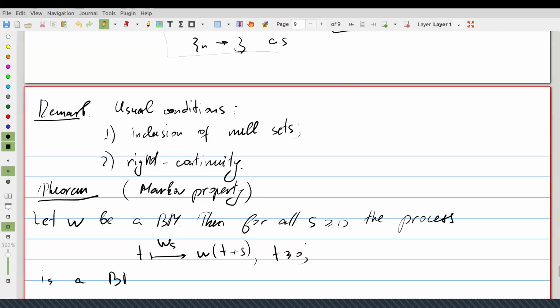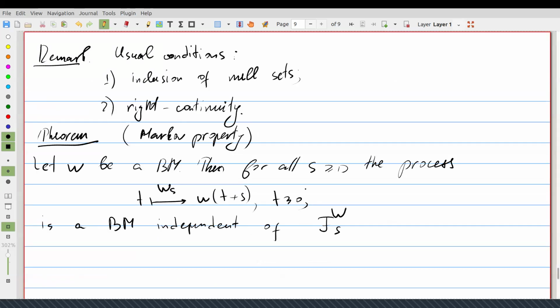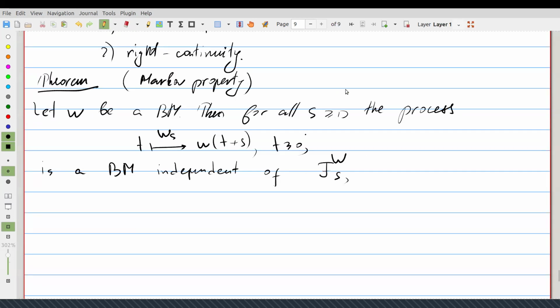Is a Brownian motion independent of the original filtration taken at s? And to answer this, effectively, if we stop the Wiener process, W_t minus W_s, let me write it properly.